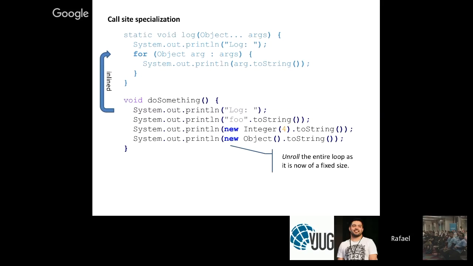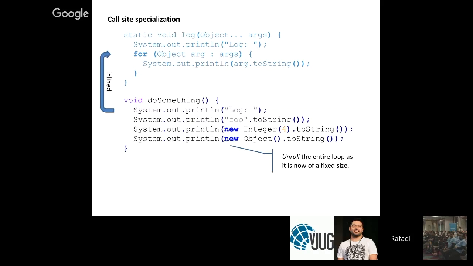And this is something the virtual machine will figure out for you. And now, instead of having 1 megamorphic call site, we suddenly have 3 monomorphic call sites, which is good because now if this doSomething method is executed a lot, we can again inline these toString method calls and optimize the program altogether. This is something the virtual machine will do, but it's only capable of doing so because the log method was static in this case and easy to inline.